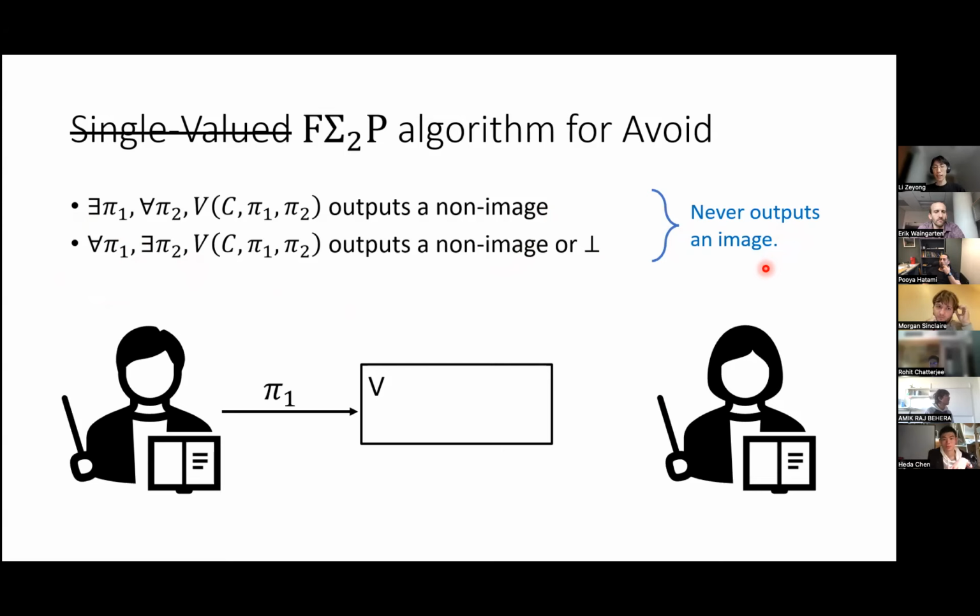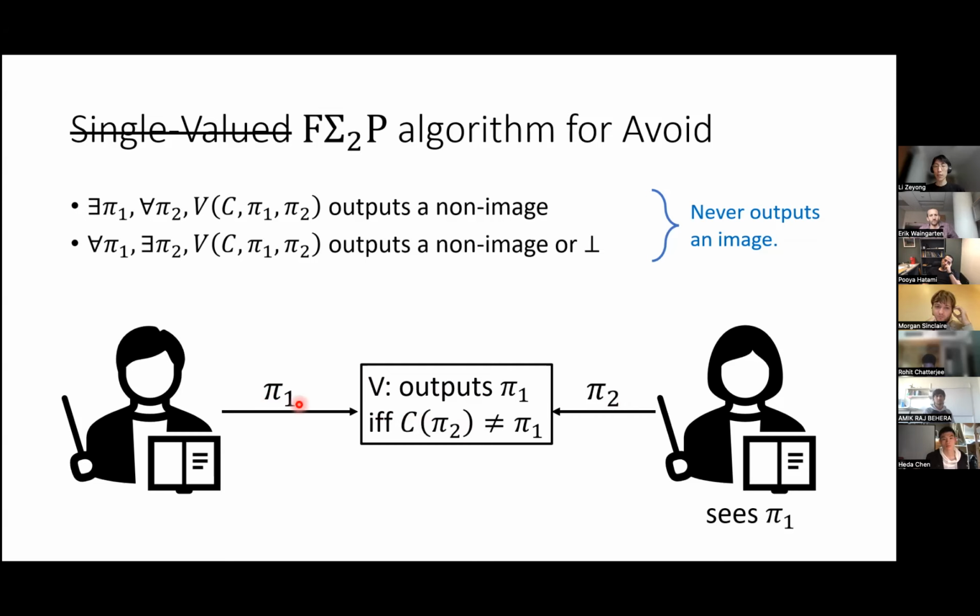And the first prover sends in pi1. The second prover, after seeing pi1, sends in pi2 to the verifier. And what does the verifier do? So in this case, the verifier would simply check, is pi2 a pre-image of pi1? If pi2 is a pre-image, then I should not output pi1, so I should output bottom.